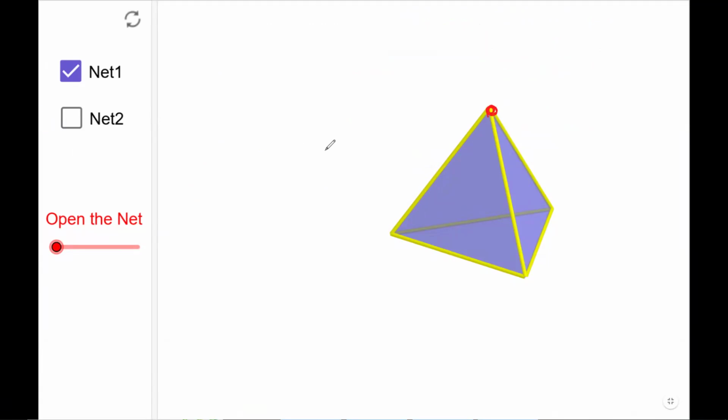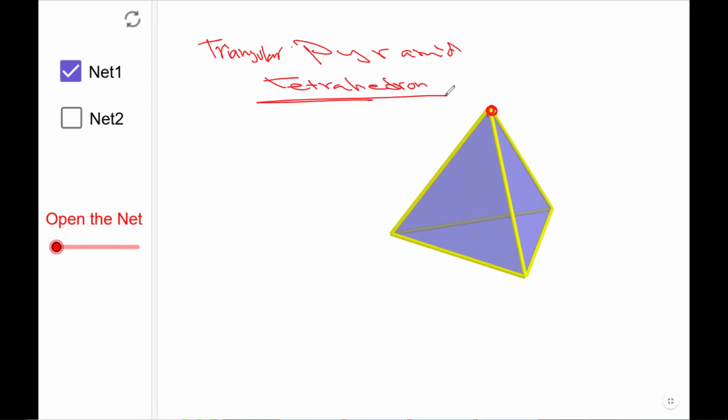For example, this shape is called the triangular pyramid, or we have another name for the triangular pyramid, which is called the tetrahedron. The triangular pyramid has a base of the shape of a triangle and a central point which is called apex or central point.